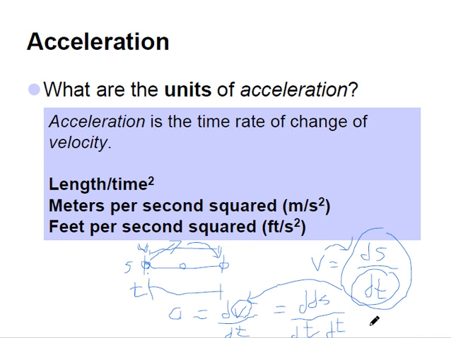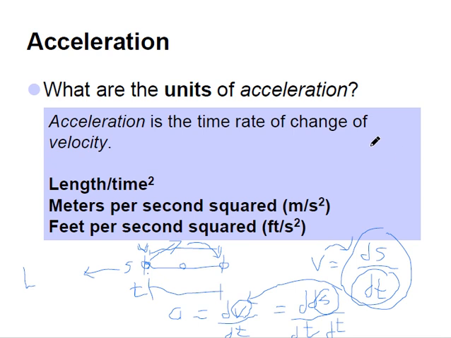So this 2, we write it abbreviated, because that is position, which, as we just said, is length. So L, length, and you've got 2 times here, TT, and that's your time squared. So meters is the length unit, per second is your time unit. It is squared because you have 2 times here, so meter per second squared.